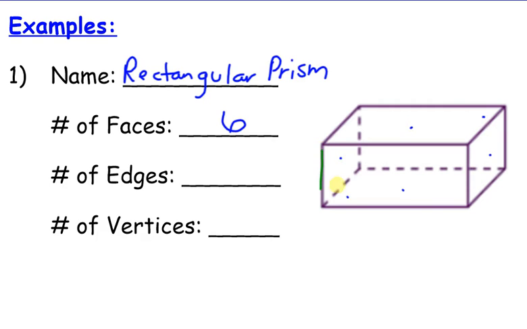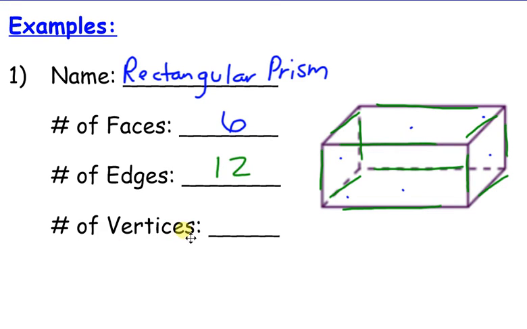How many edges does it have? Okay, 1, 2, 3, 4, 5, 6, 7, 8, 9, 10, 11, and 12. So it has 12 edges.